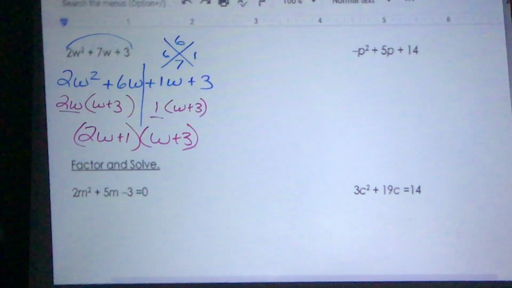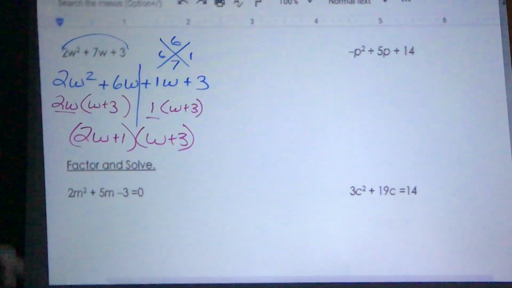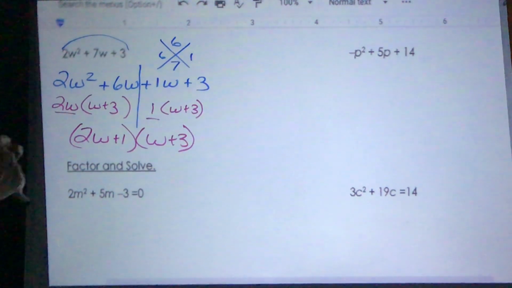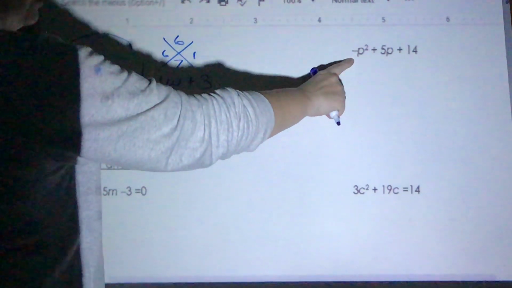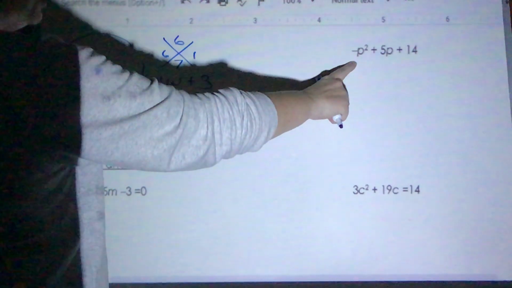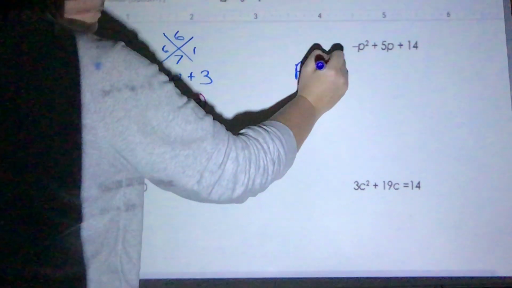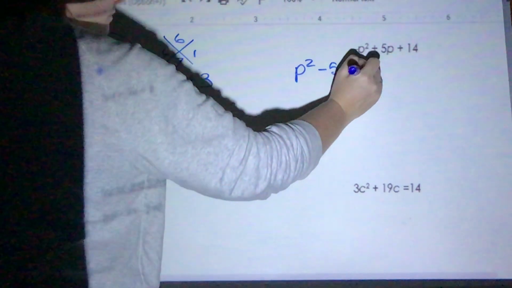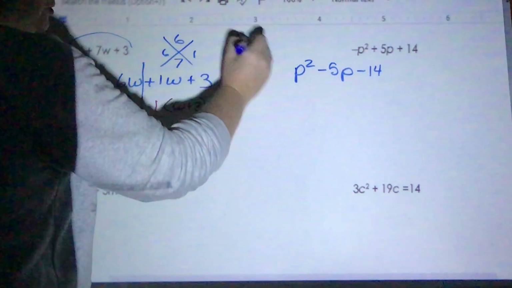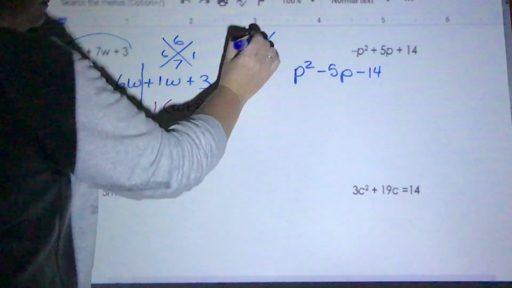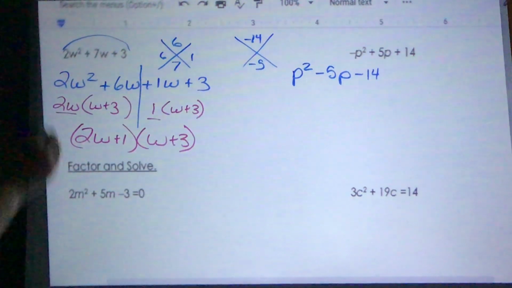Now for the next example, you'll notice we have something that we don't like to have. We don't like to have a be negative. So I am going to switch all the signs and make that positive. And now I'm going to think of two numbers that will multiply to give me negative 14 and add to give me negative 5.